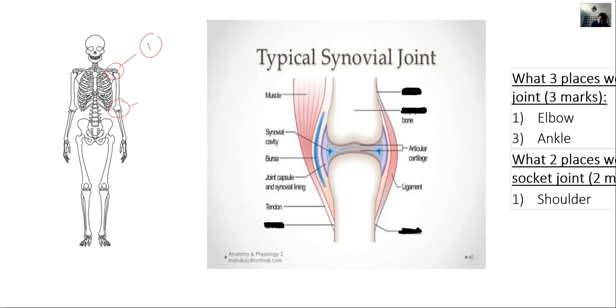And then at the elbow, that's number 2. What type of joint is that? Then at the hip is number 3. At the knee, number 4. And at the ankle/foot is number 5. So what joints are each of these? Really quickly, 30 seconds, just name the different types of joints we've got at the areas I've just circled.